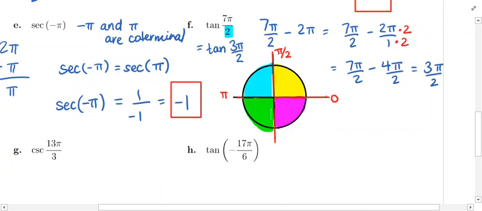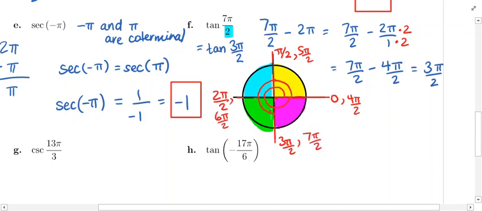So when you start at the initial side and you just start rotating counterclockwise, tacking on increments of pi over 2, you would get pi over 2, 2 pi over 2, which is pi, 3 pi over 2, 4 pi over 2, which is 2 pi, 5 pi over 2, 6 pi over 2, which is 3 pi, and then 7 pi over 2.